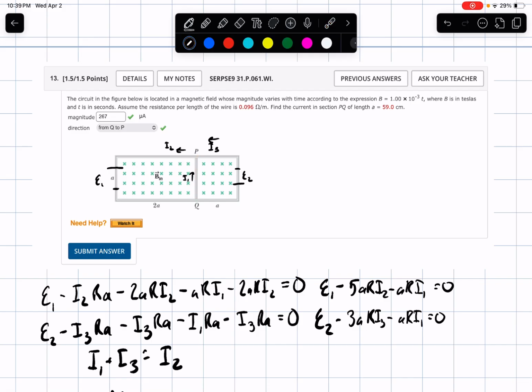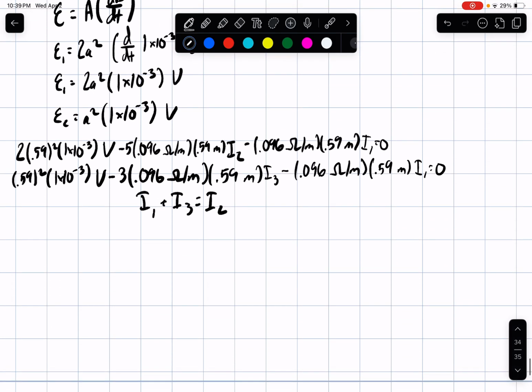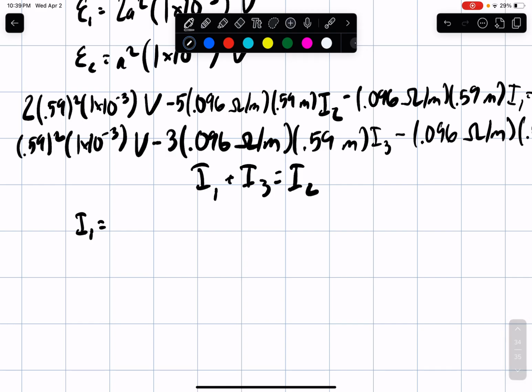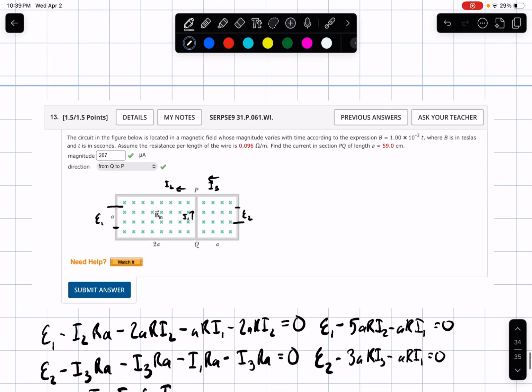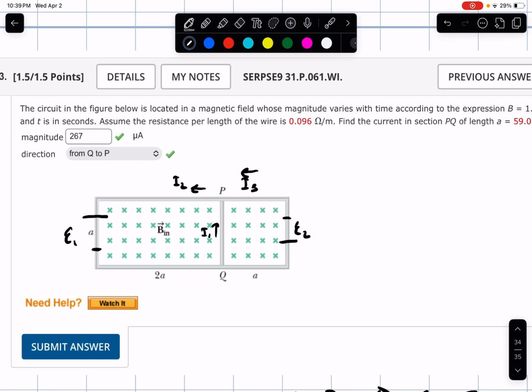So if you plug that into your calculator and then adjust accordingly to units, which is microamps, you will get that I1 is equal to 267 microamps. And that's from P to Q. As you can see up here, 267 microamps. All right.